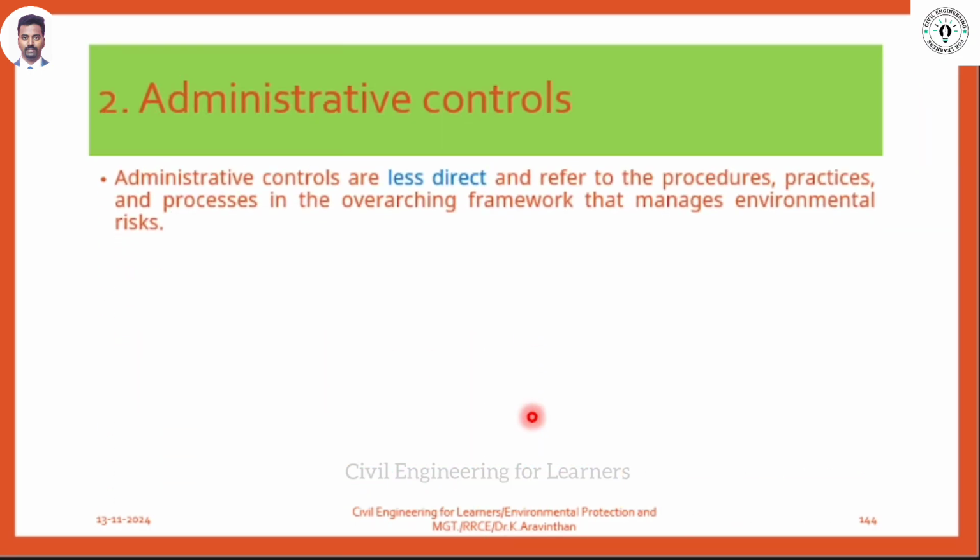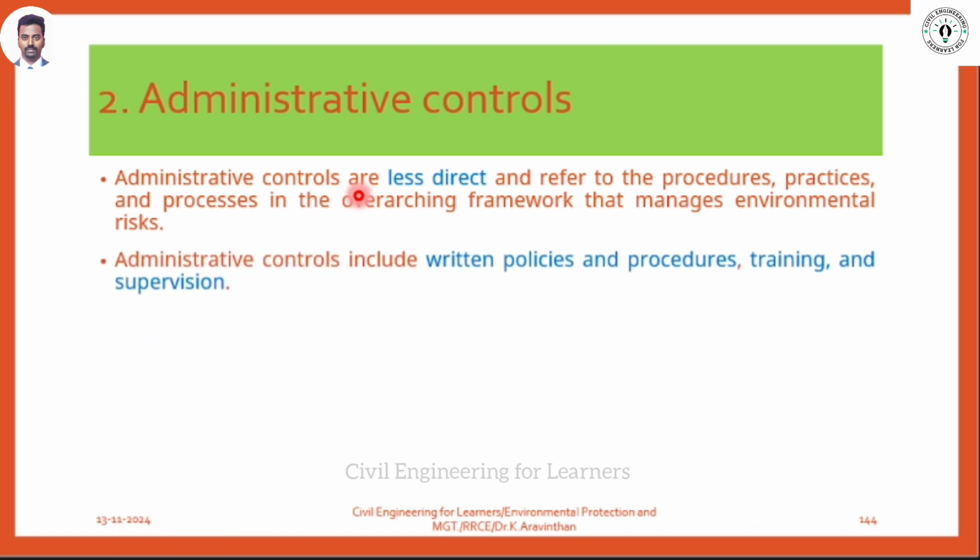Second thing is administrative control. Controls are less direct. You cannot directly measure the administrative controls. They are generally written policies, training and supervision. You have to follow certain procedures when you come into college. So wearing an ID card is a policy of the organization. Certain policy will be there in order to wear a safety helmet.